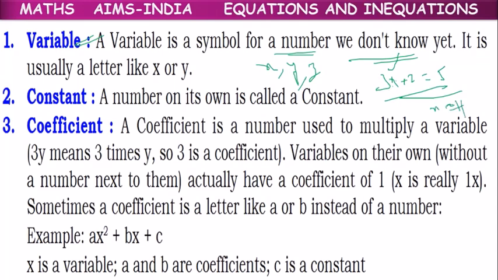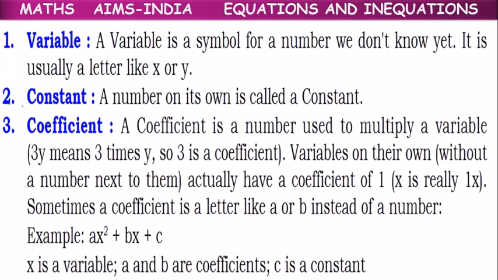It is usually represented by a letter like x, y, z. A constant means a number on its own, whose value does not change. In any mathematical operation, its value will always be constant.